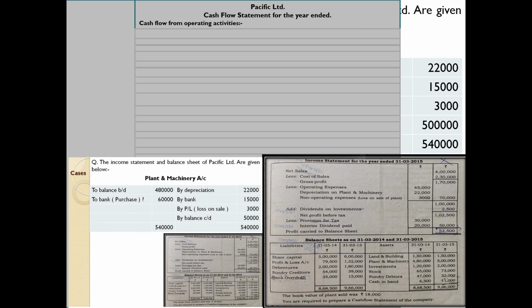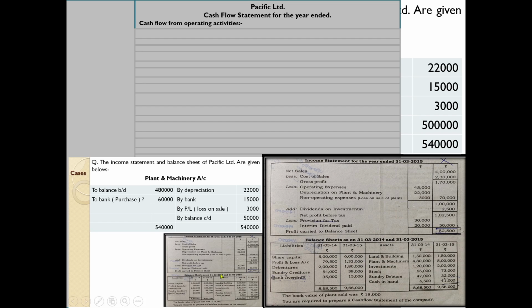Next, let us prepare the statement, that is the cash flow statement during the year, and we will begin with cash flow from operating activity. So for beginning with operating activity, we have to start with net profit during the year. You may see that the plant and machinery, profit and loss account amount is already given in the question.